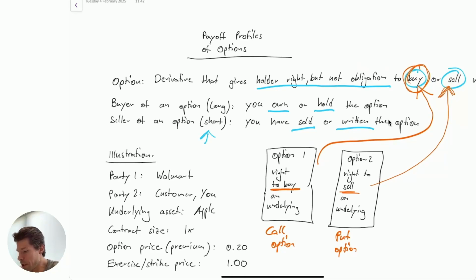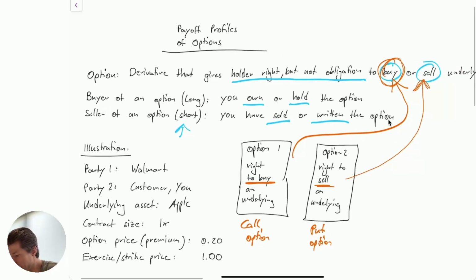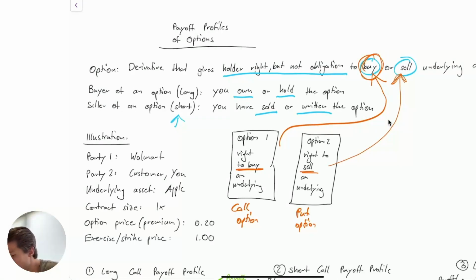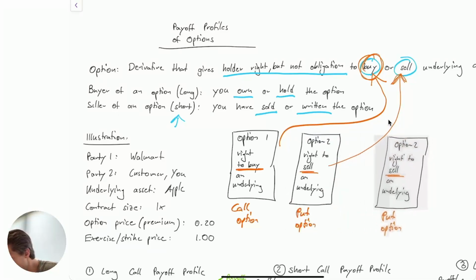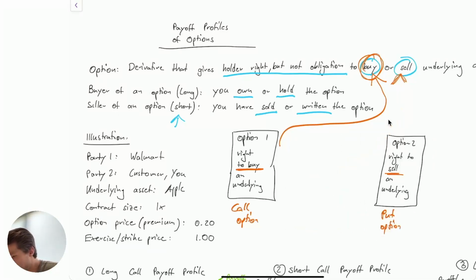Long and short, because here we are also talking about buying and selling, is something different. This is just based on which side of the document you are on. Are you on the buying side, or are you on the selling side of this document?